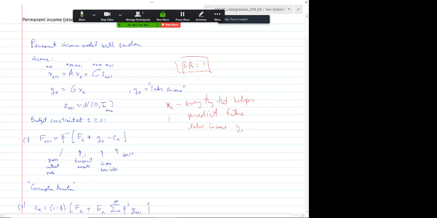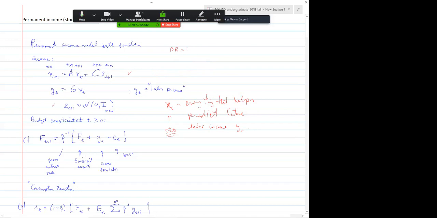Finding the state is an art. And then the state is going to evolve according to our friend, the first order linear vector stochastic difference equation. We're going to assume again beta R is 1, and epsilon t plus 1 is going to be a normal vector, 0, I. Oh, I've already said that, yes. Okay, good. Right here.